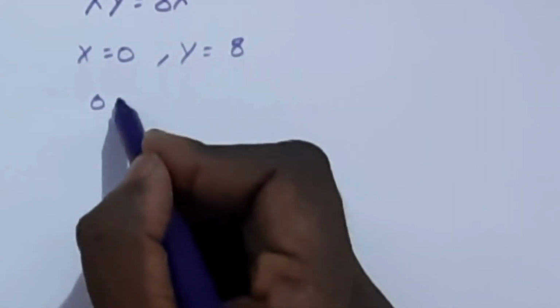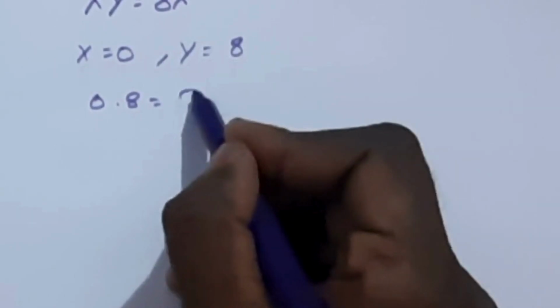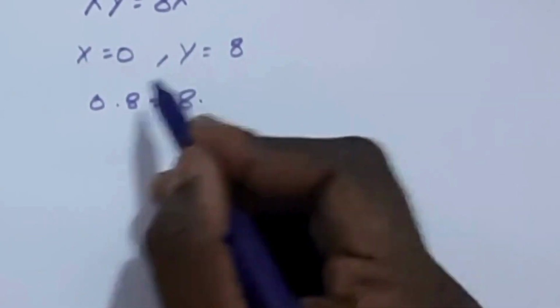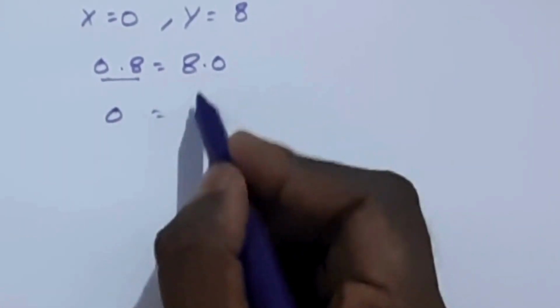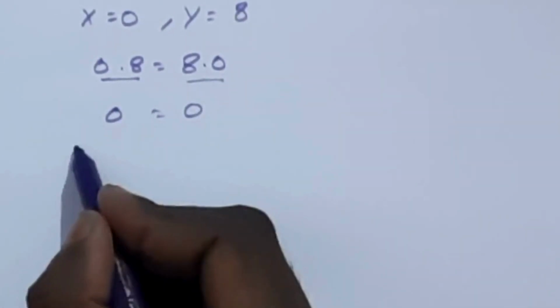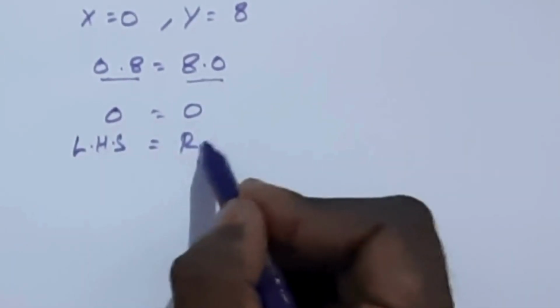So 0 times of y is 8 equal to 8 times of x is 0. So this is 0 equal to 0. So LHS equal to RHS. Let's verify.